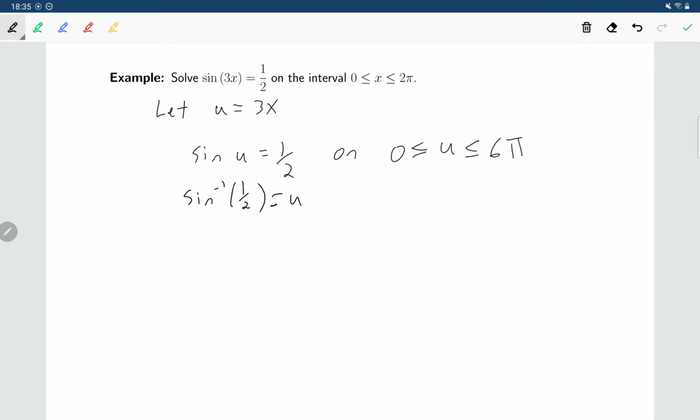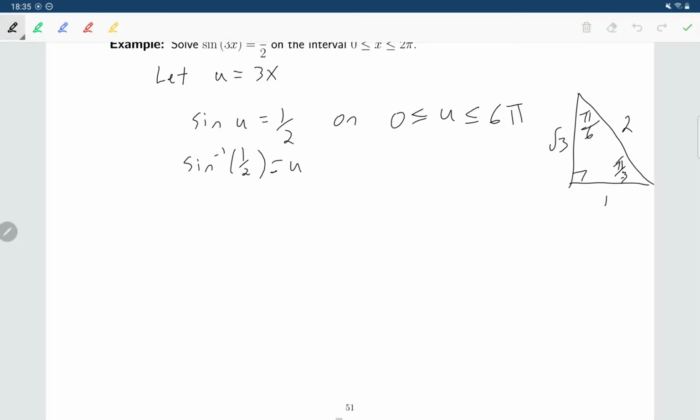If you're using your special triangles, you'll find that using the 30, 60, 90 triangle, the pi over 6, pi over 3, pi over 2 triangle, sine of pi over 6 is equal to 1/2. So you know that u should be equal to sine inverse of 1/2, which is pi over 6.